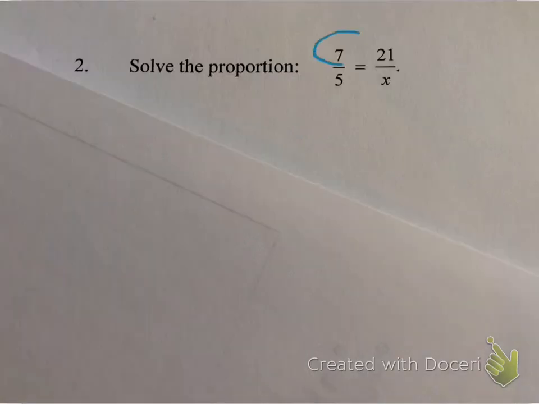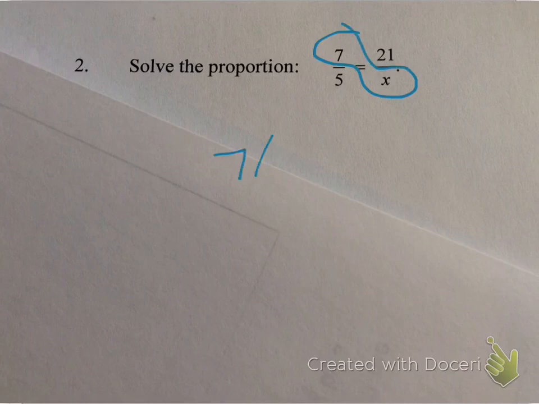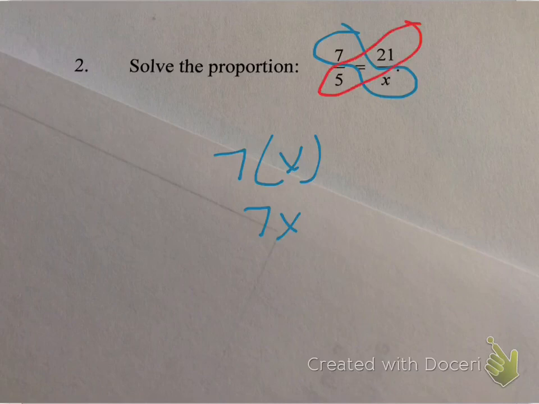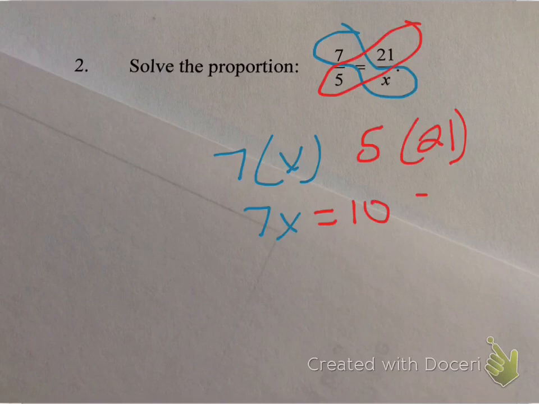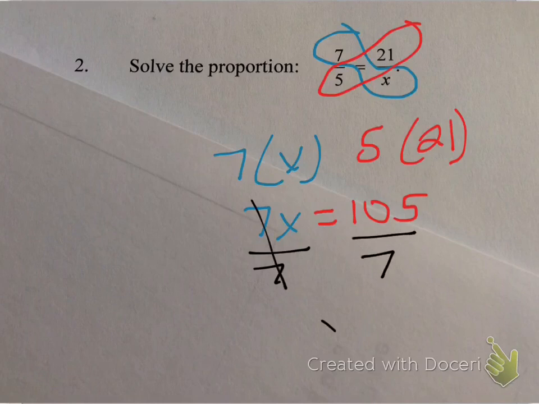We're going to use our cross product property. 7 times x is 7x, and 5 times 21 is 105. One-step equation there. To solve that, we are going to divide by 7 on both sides, and x equals 15.